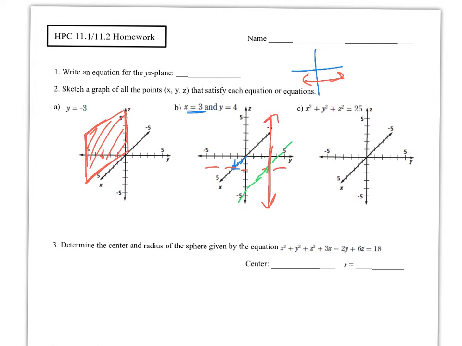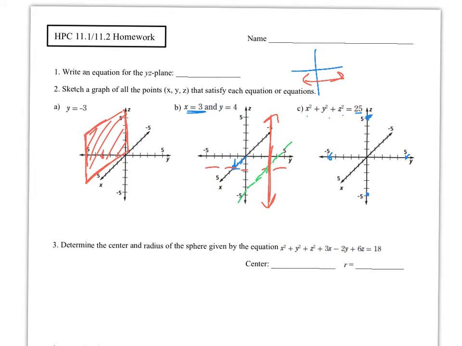This last graph on part C, x squared plus y squared plus z squared equals 25. Hopefully you recognize that that's the equation of a sphere. If we took out that z squared, it would just be a circle with radius 5. Now we've got the third dimension, a sphere with radius 5. The easiest way to graph that is to do the YZ plane first, because that's the plane we're looking at head on.